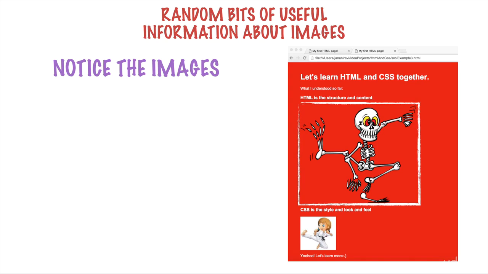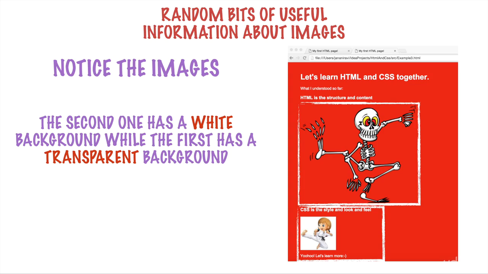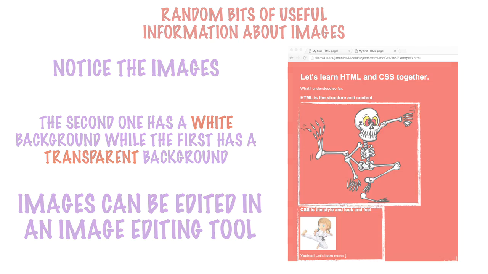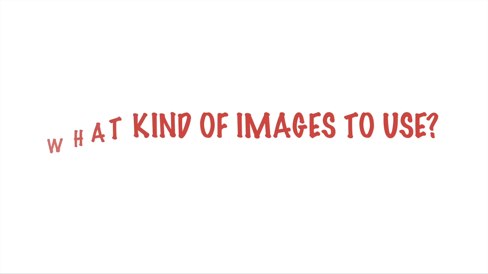The image of the little girl, on the other hand, is opaque and it has a white background. This has a lesson for us. Images can have their properties modified. For instance, you can edit an image in an image editing tool such as Adobe Photoshop or Inkscape and make it transparent. This depends also on the type of the image.